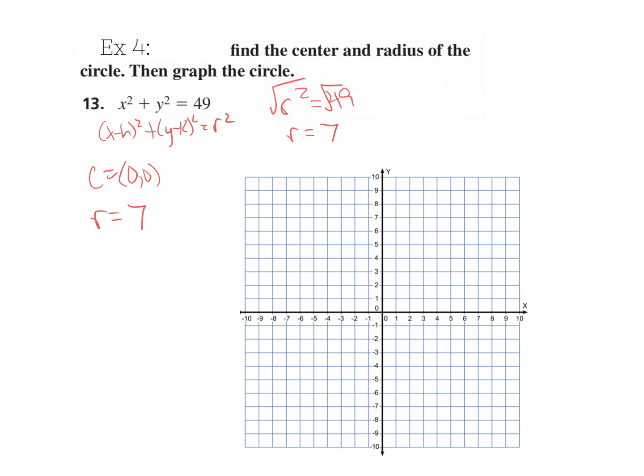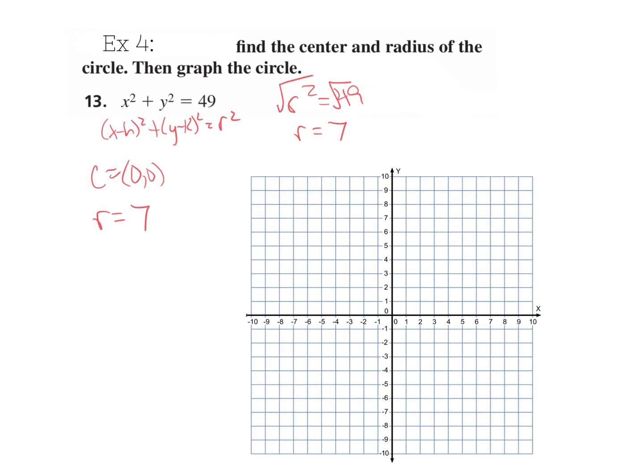Now it tells me to graph it. And this is pretty simple. First thing you do is just graph the center of the circle. So center we said is 0, 0. So go to the 0, 0 and put a point. Then the radius, it goes from the center to the edge of the circle. So if our radius is 7, I want to go 7 up, 7 right, 7 down, 7 left.